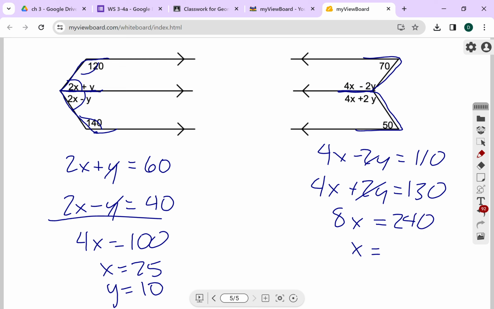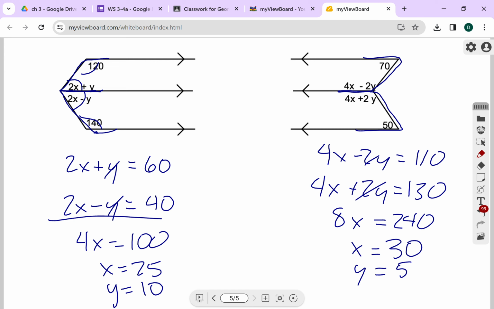That makes x, 24 is divisible by 8. Goes in there 3 times, so x must be 30. That makes y, okay, 4 times 30 would be 120. Minus 2y gives you 110. So y must be 5, right?